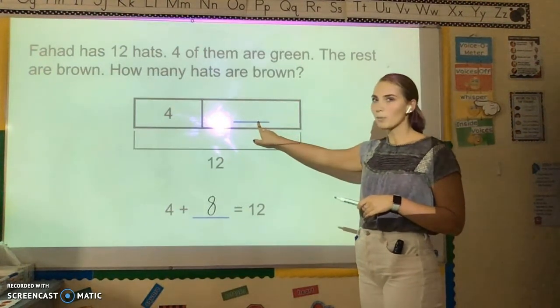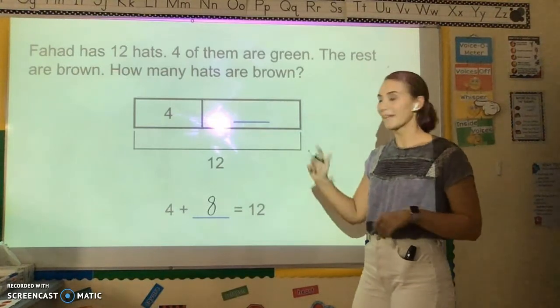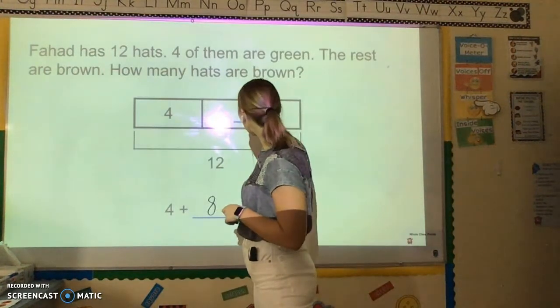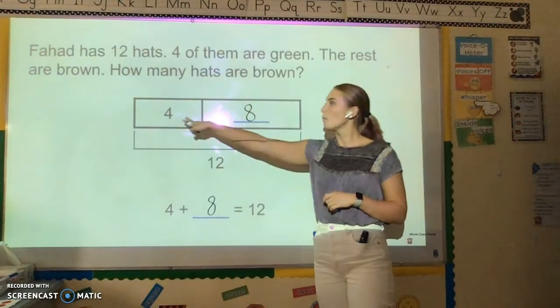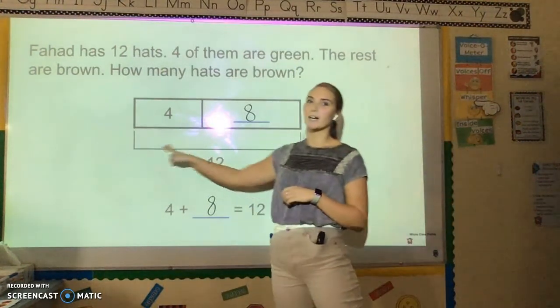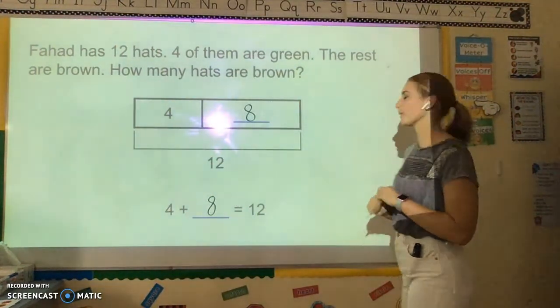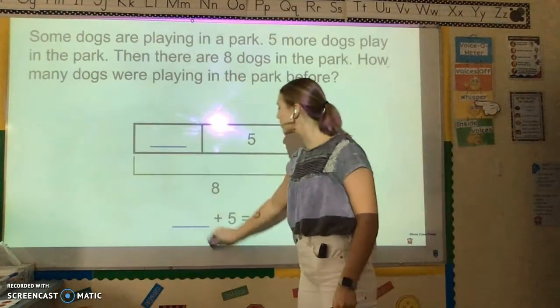What number goes in the blank? It is the 8 because it is one of our parts. 1 part plus 2 parts equals the whole. All right, one more example for us, boys and girls.